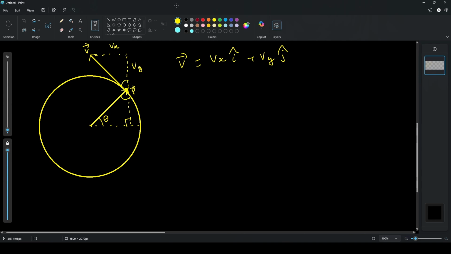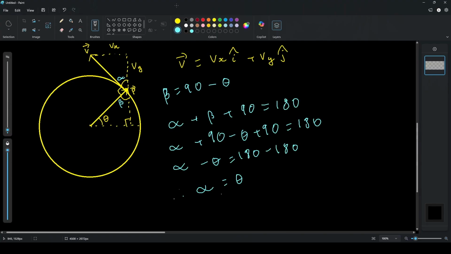And we know that this is a right angle, and the angle of a straight line is 180 degrees. Say we label this angle as alpha, maybe this one as beta, where beta is 90 minus theta. So alpha plus beta plus 90 should equal 180. And working it out, we can see that alpha is indeed equal to theta.